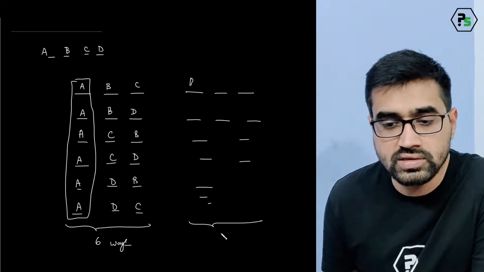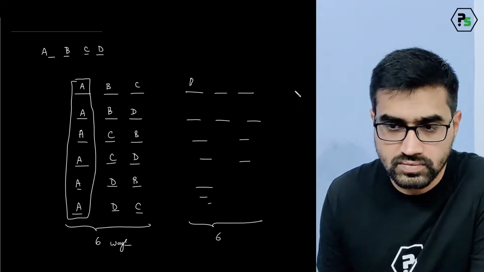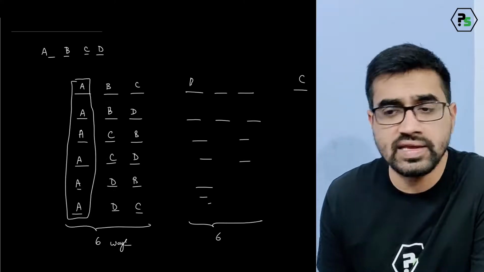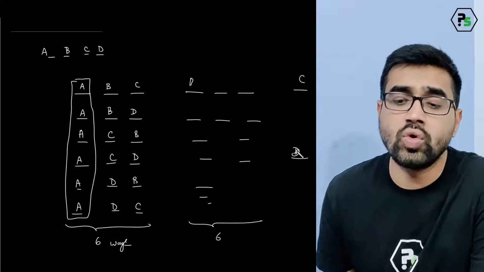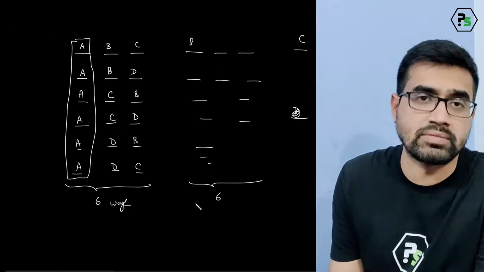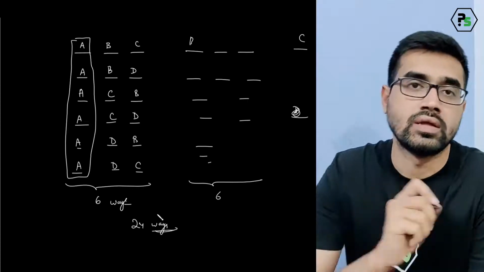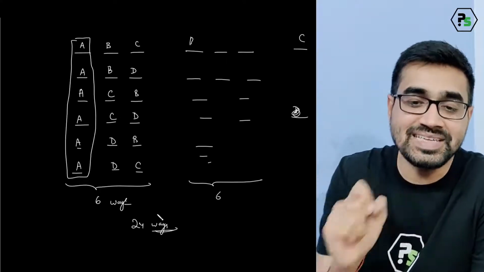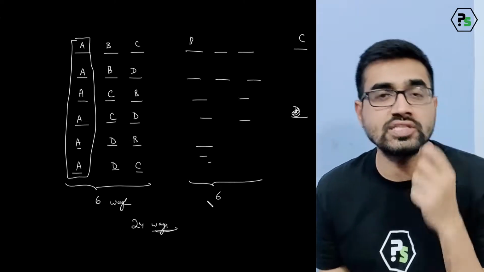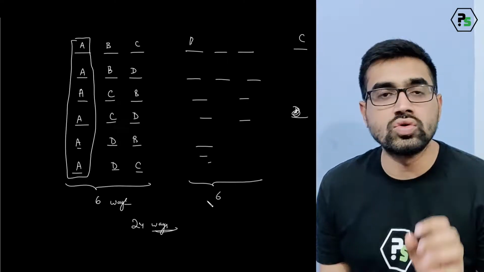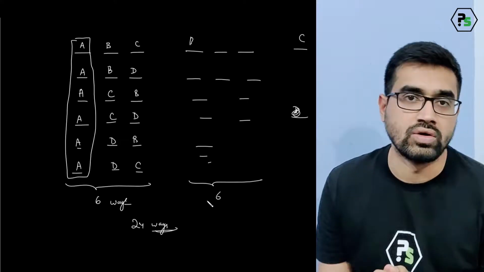So this simply implies that I can have C starting, and I can have D starting. So in total there will be 6, 6, 6, 6, 4 times, basically 24. Now this is the most stupid way of solving it, because this is too much and not a proper way to get the answer, but it is a proper way to understand combination.